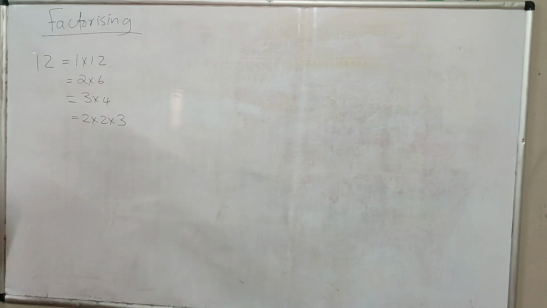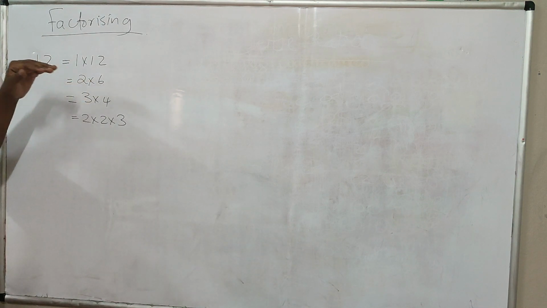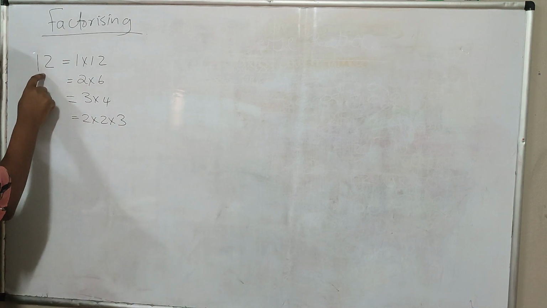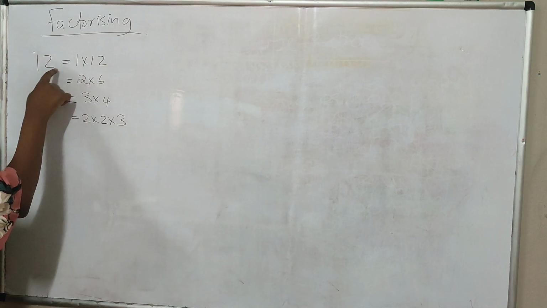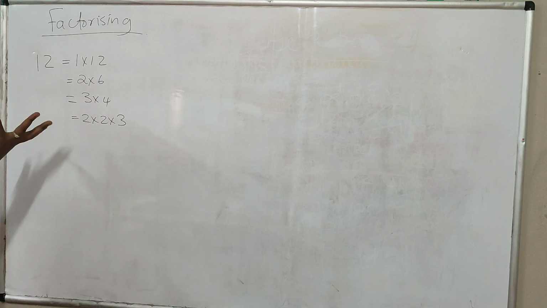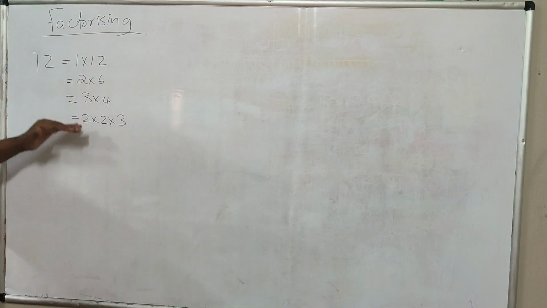So you have to be very careful. Read the question, understand what you're being asked to do. Even here, what we did first was to list the factors of 12. But when I ask you to factorize 12, all I'm asking you to do is break down 12 into its factors and do the multiplication. Tell the mathematical truth. So that is what factorizing is.